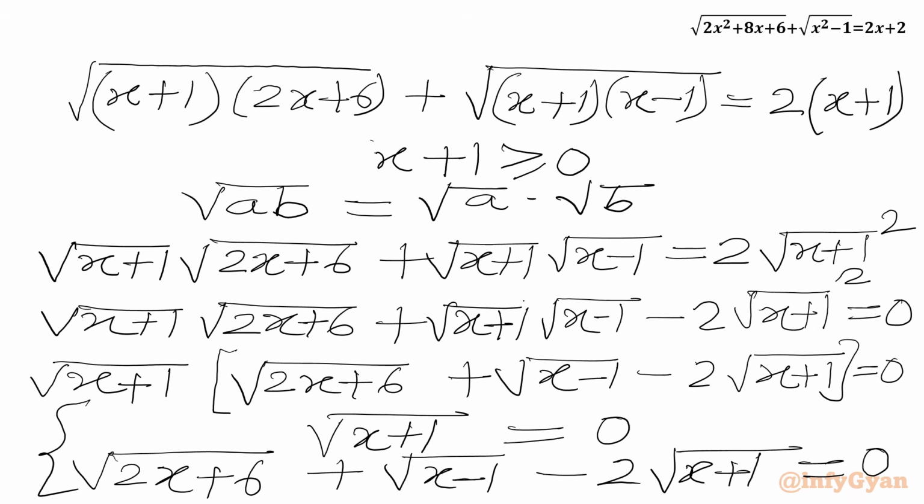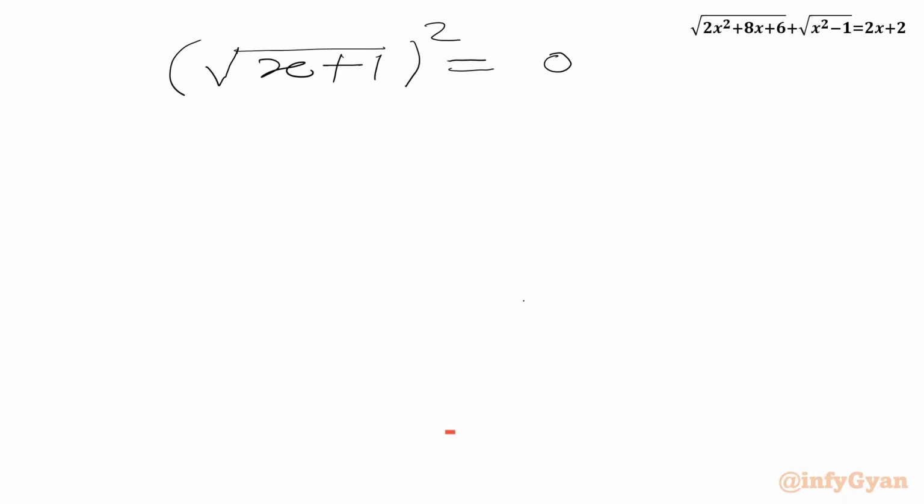Let us begin with first equation. Square root x plus 1 equal to 0. Now we'll be squaring both sides. We'll cancel square root with square and we can write x plus 1 will be equal to 0. So from here we will get x equal to minus 1.